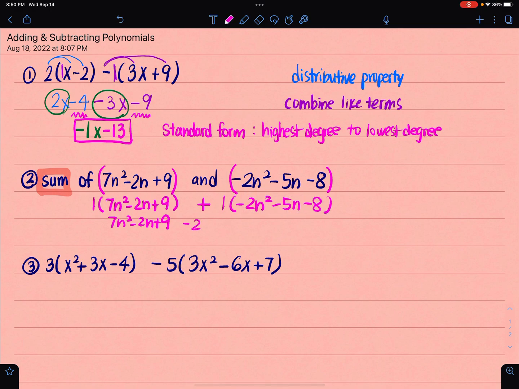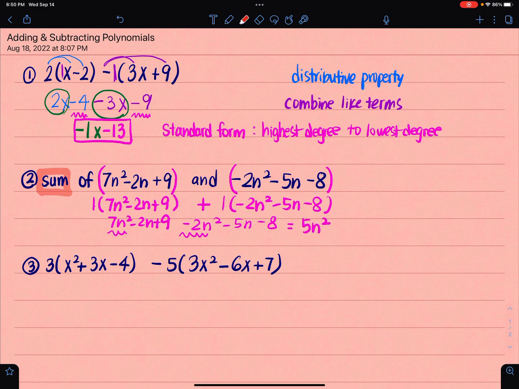Now, is all this work necessary? Not really, but right now we're just practicing the idea of anytime you see parentheses, we're going to distribute. So let's just keep our systems consistent. So now we're going to combine like terms. We have 7n squared minus 2n squared, which is 5n squared.